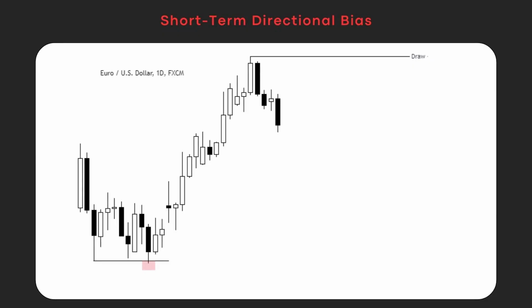Here is another example right here. Again, we've got this euro dollar daily chart, and you can see that based on range dynamics, we first of all took out the range low, and now we have to take out the range high, which is our long term drawn liquidity. Again, in this scenario, those who don't know about short-term drawn liquidity would start looking for higher prices right away, and would look for longs on the lower time frame and look for bullish entry models.